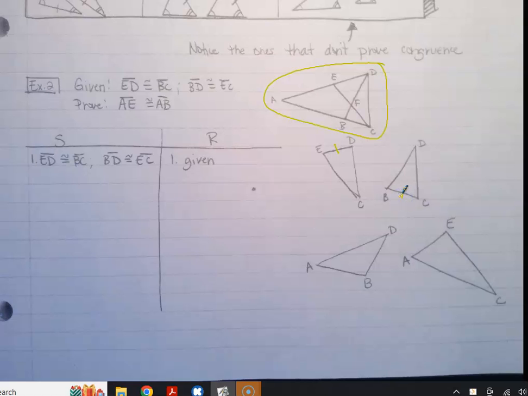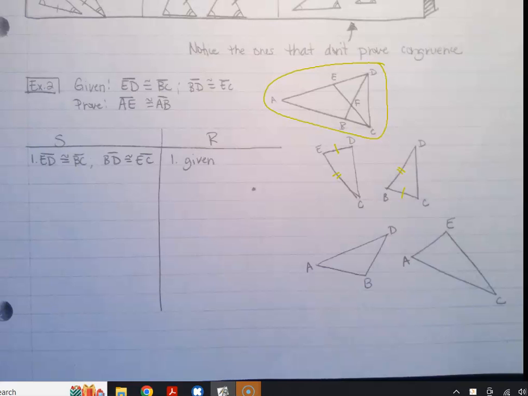Can you see this yellow okay? Yes? Okay. And BD is congruent to EC. So BD is congruent to EC. I went ahead and marked those from the given, and that was my step 1.